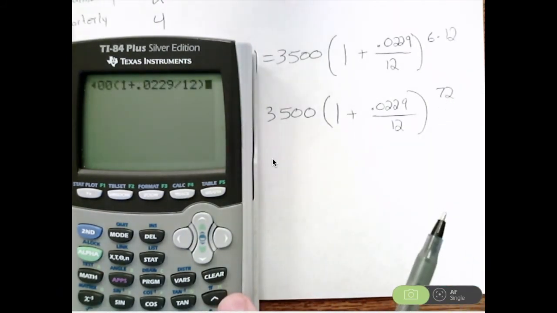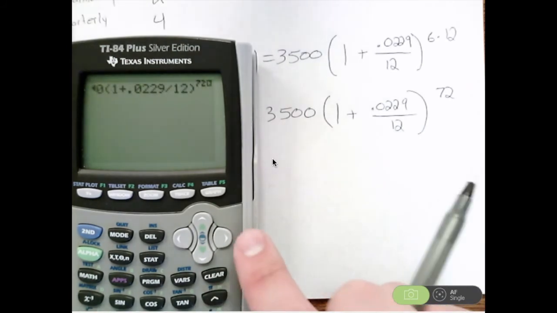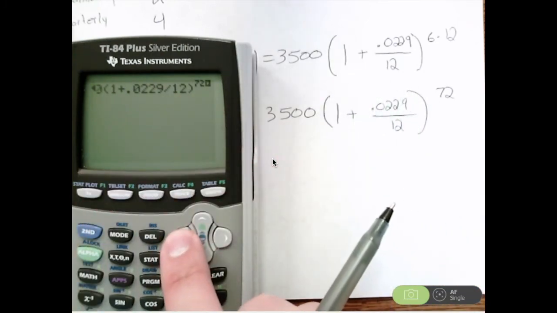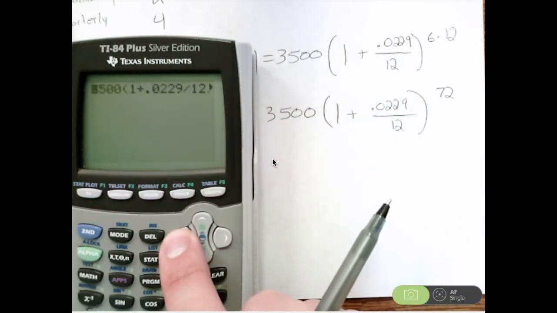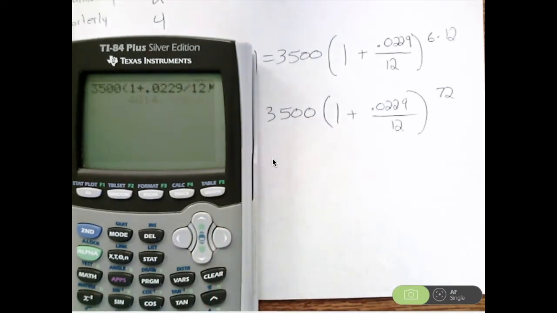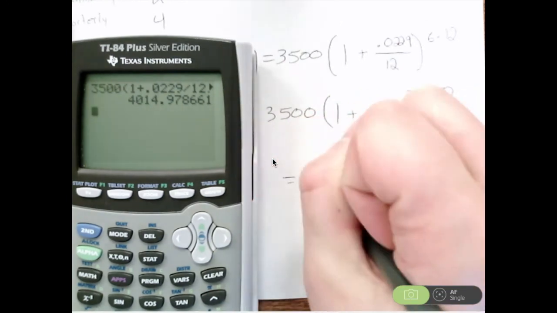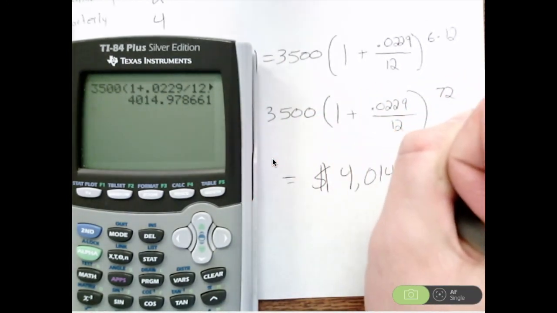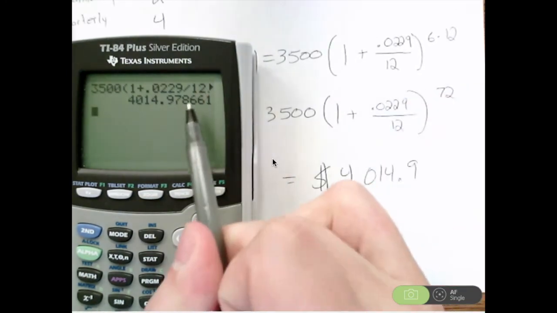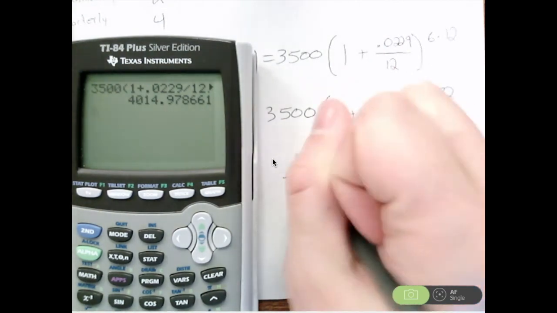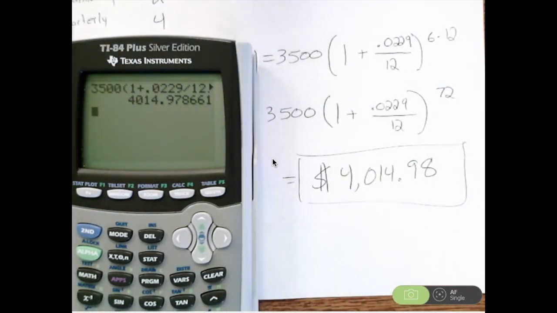This is your exponent key. Exponent 72. I'm going to hit an arrow over just to make sure everything's out, so I can look at what I have in my calculator and make sure it's the same as what I have written on my paper. Hit enter, and we get our answer of, and this is money, $4,014. I'm going to round that up to, instead of 97 cents, 98 cents. And that is compound interest.